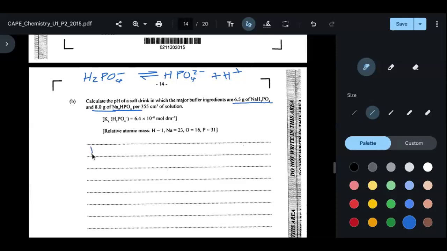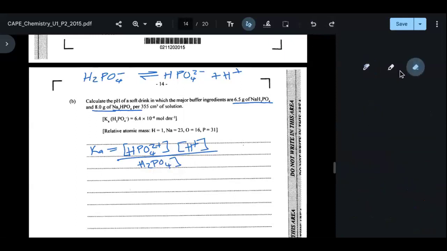So you're still going to use Ka, but this time you're going to say HPO4 2 minus, so you're not using H plus squared, divided by H2PO4 minus.